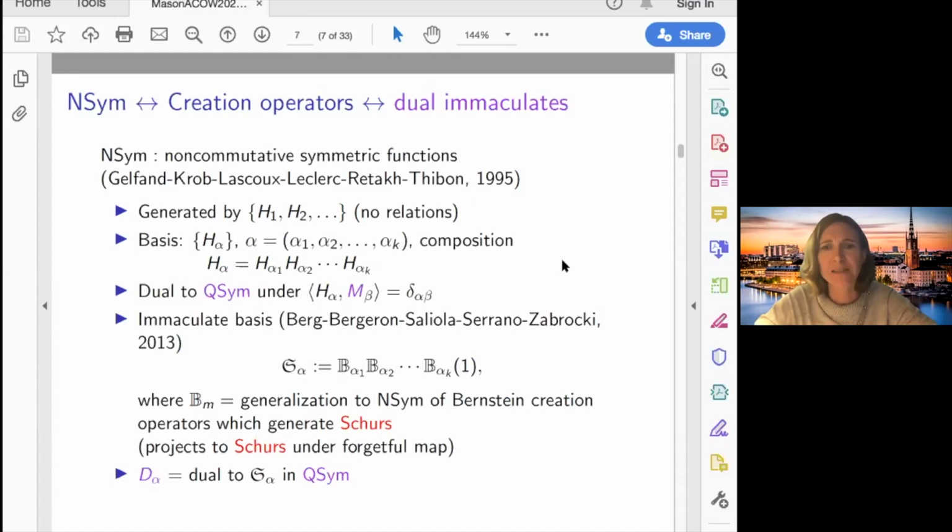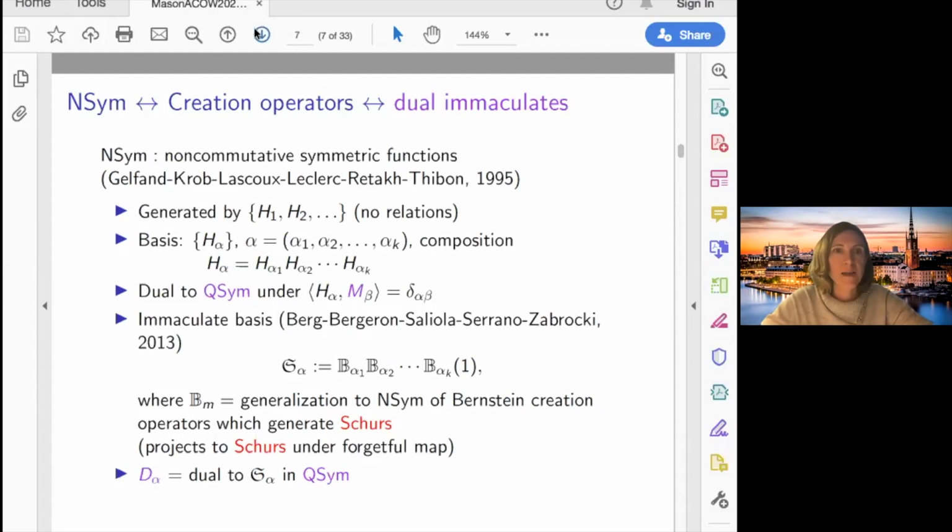And this basis actually projects to the Schurs under the forgetful map, which is the map that says just forget that your variables don't commute. And the object that we are going to focus on in this talk is the quasi-symmetric function that is dual to the immaculate basis under this inner product.